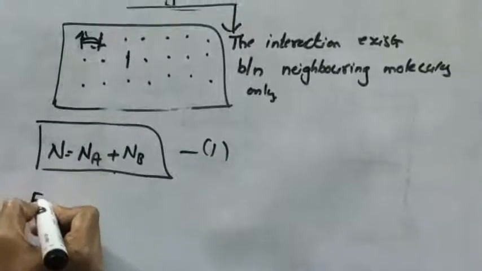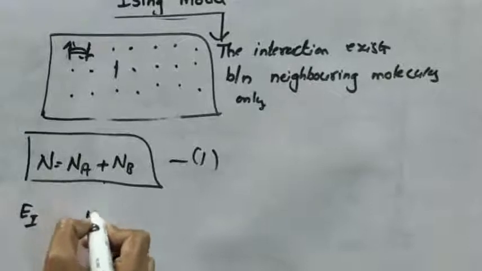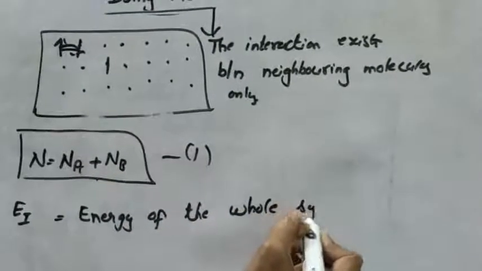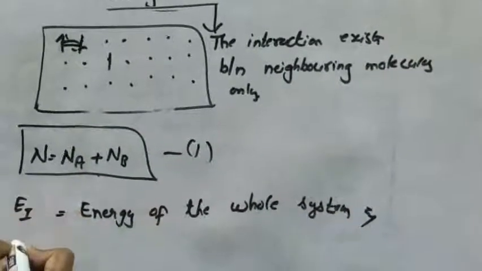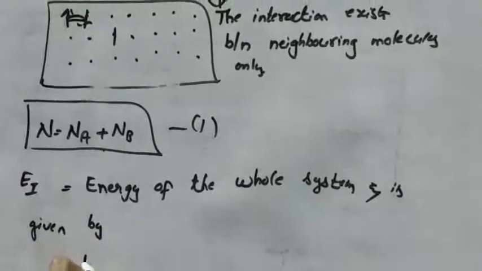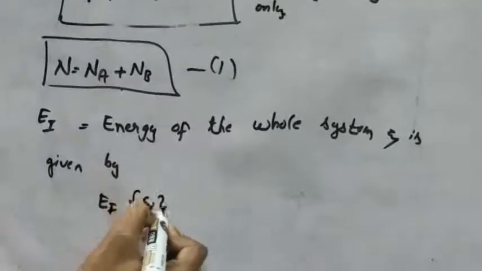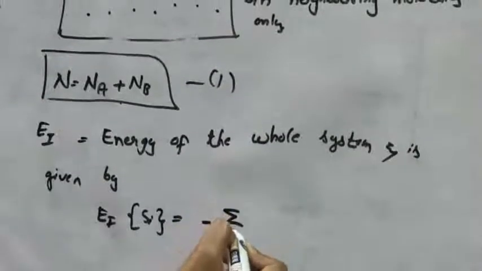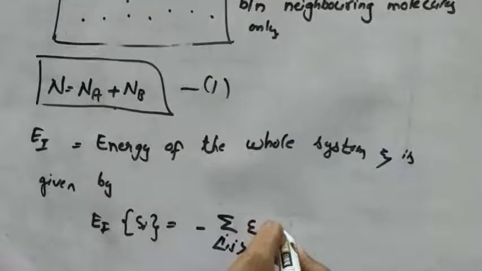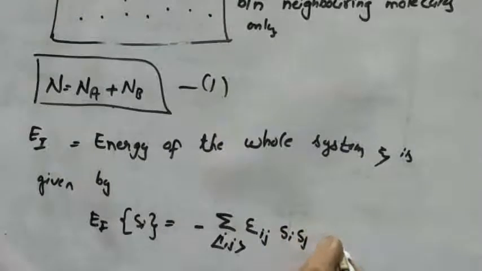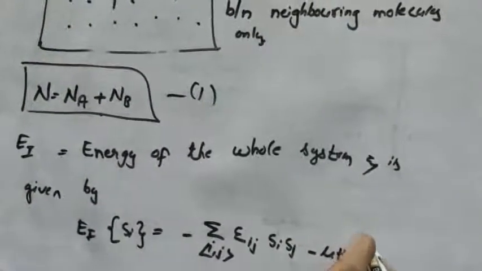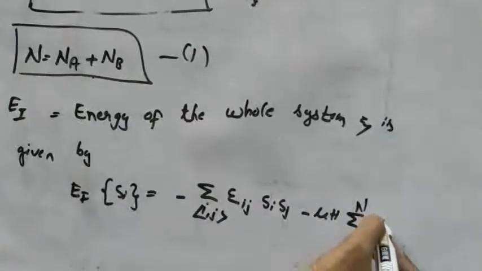E_I represents the energy of the whole system, and it is given by E_I equal to minus summation over i, j of epsilon_ij s_i s_j, minus mu H times summation i equal to 1 to N of s_i.